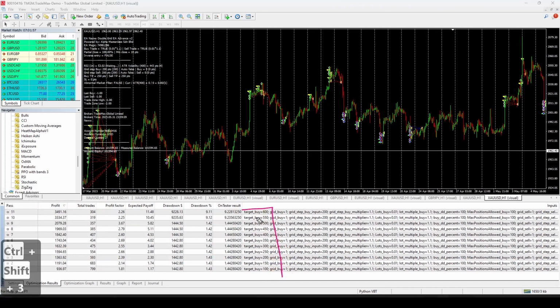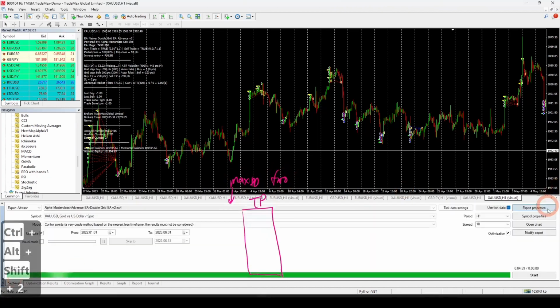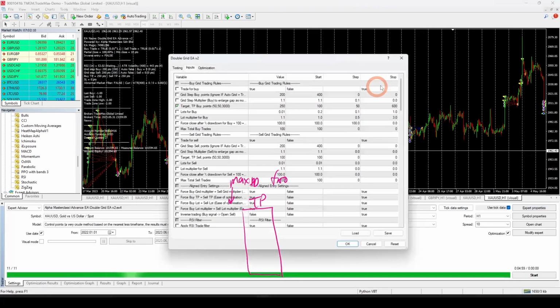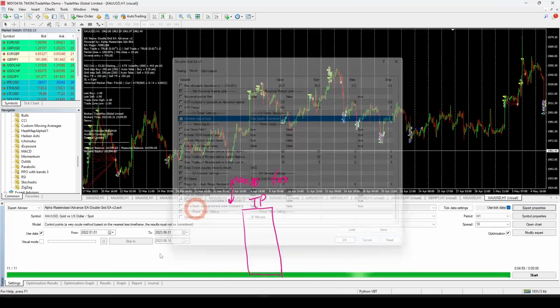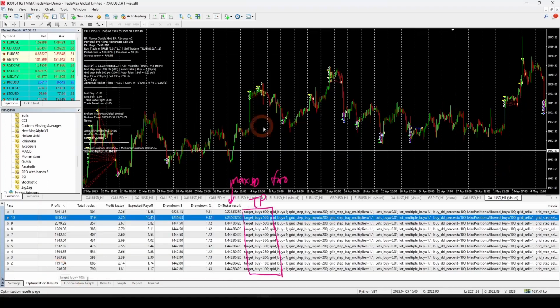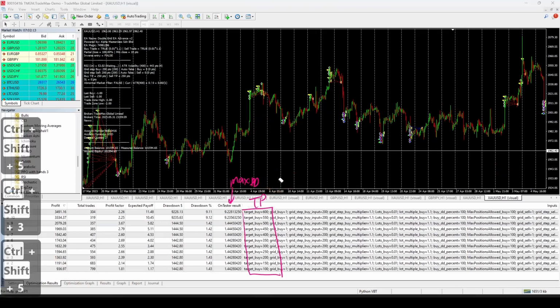This is all the take profit value, correct? This is the max drawdown, is it max drawdown? Yep, max drawdown on Tesla value, max drawdown from initial balance.